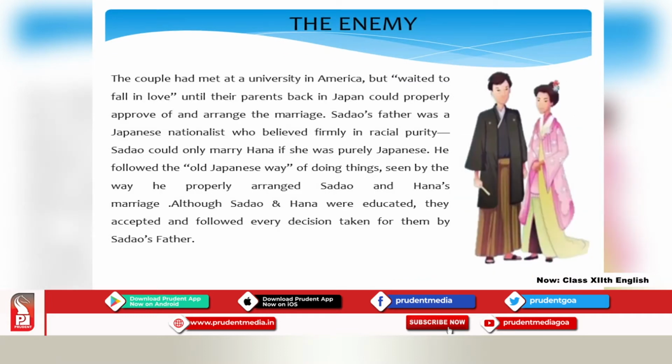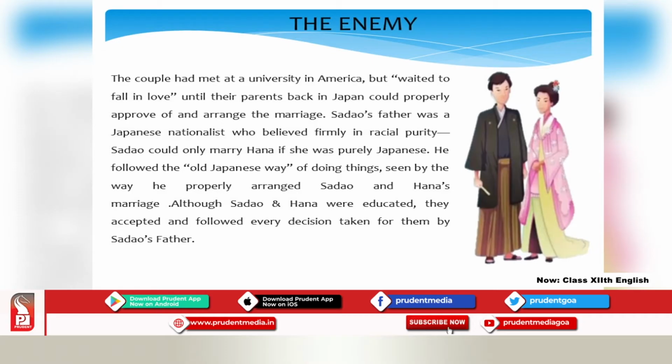So the couple had met at a university in America, but waited to fall in love until their parents back in Japan could properly approve and arrange for their marriage. Sadao's father was a Japanese nationalist who believed firmly in racial purity.